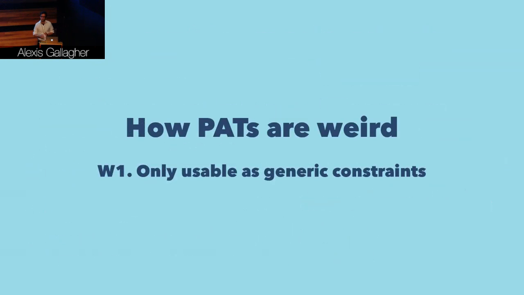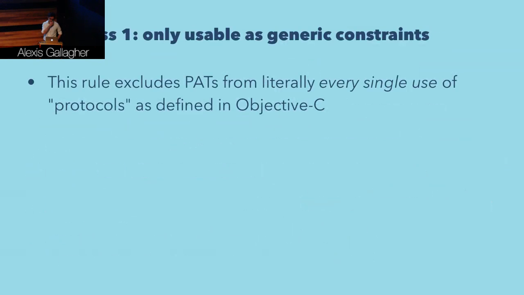I'm going to name 3 aspects of the weirdness that I think are the key ones. So the first one, like I mentioned, is that they're only usable as generic constraints. Now, when you think about it, why is this weird? This rule excludes PATs from literally every single use of protocols as defined in Objective-C. Literally. And the proof of that is quite simple.